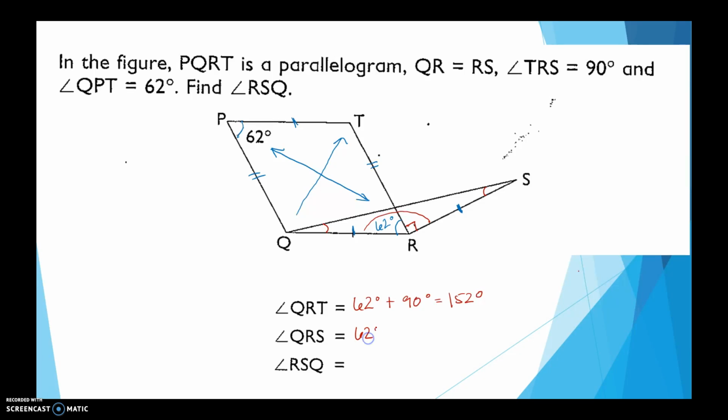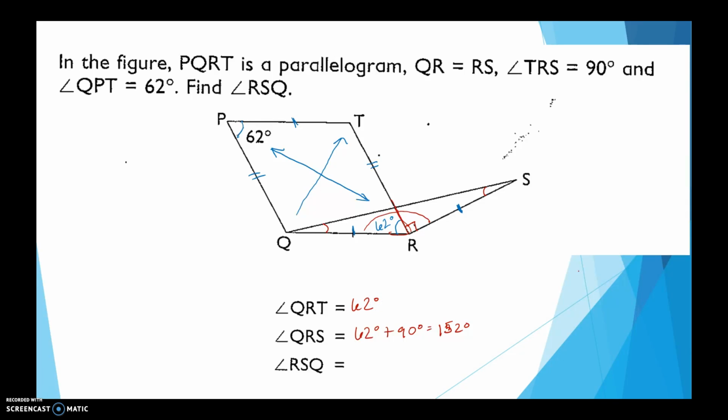So let's write that on this one. I read those incorrectly. So that's 152, and then up here, this is the one that we already found because opposite angles in a parallelogram are equal. So that's this guy right here, QRT. Okay, and we marked that as 62 degrees.